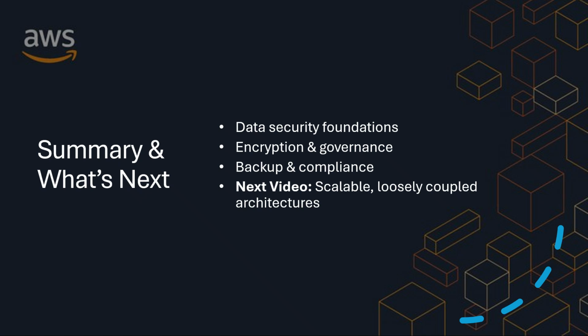These concepts are essential for building a secure and well-architected cloud environment and are heavily emphasized in the SAA-C03 exam. In the next video, we will move into designing scalable and loosely coupled architectures where we will explore microservices, event-driven systems, scaling patterns, load balancing, and serverless design principles.